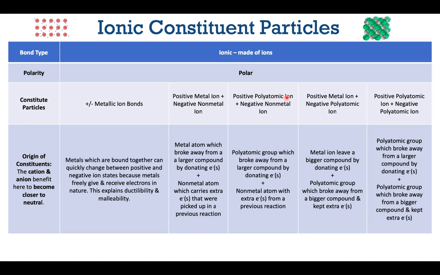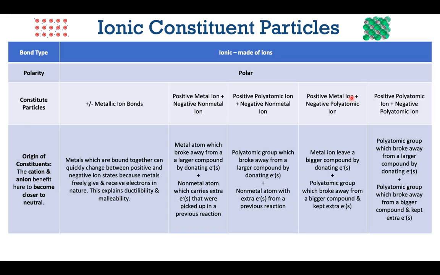A positive polyatomic ion and negative nonmetal ion: this means that a polyatomic group had broken away from a larger compound by donating its electrons. Remember, donating makes it positive. And then we have a negative nonmetal ion, the nonmetal atom with extra electrons from a previous reaction. So that becomes an ion. It's an atom which had become an ion by receiving extra electrons.